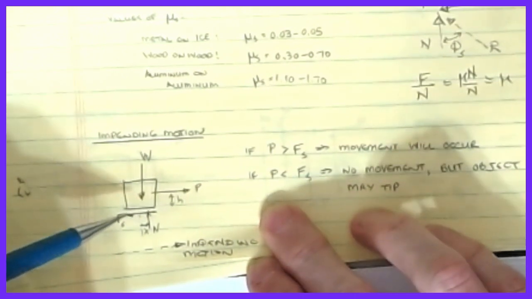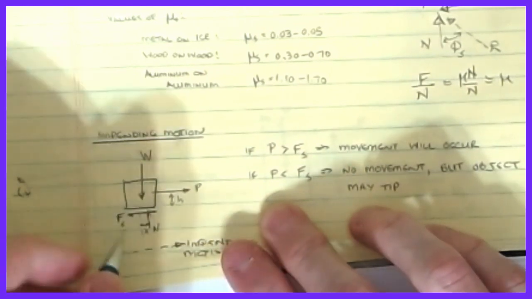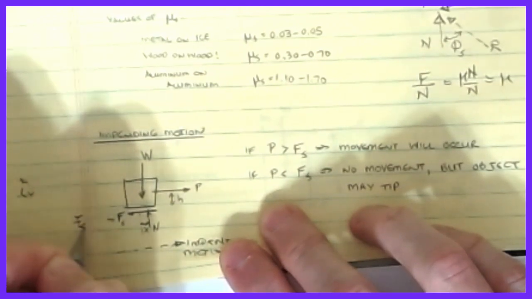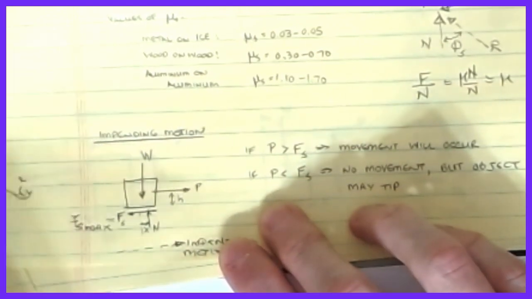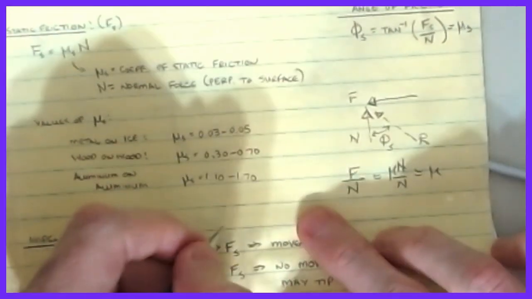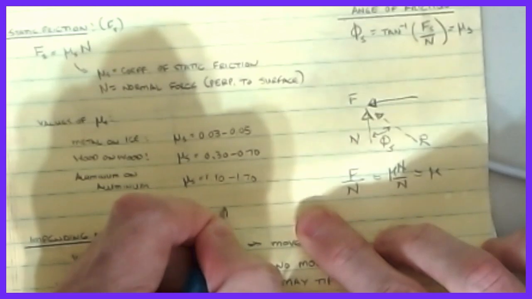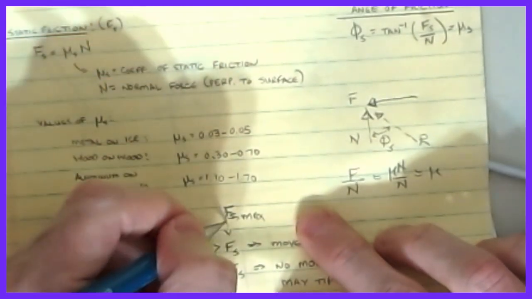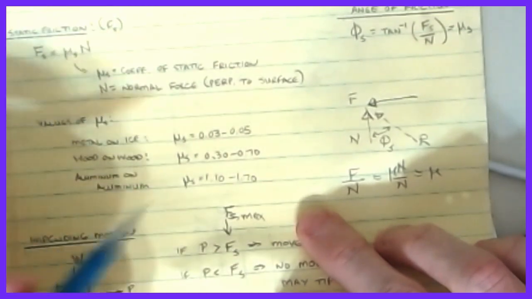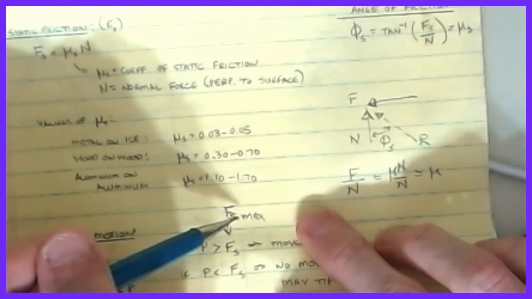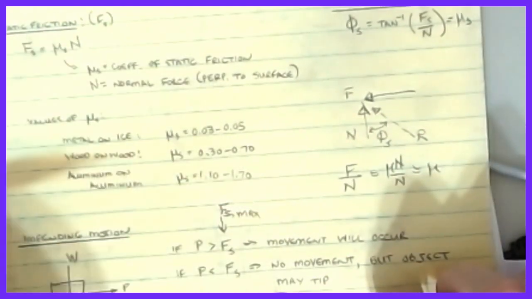Okay, so what we're going to do is define this thing a little bit differently. We know that if, instead of saying Fs, I say that this is some Fs max, and I set this to the limit, replacing that Fs with Fs max, the moment that my force P exceeds what the object is capable of resisting, then movement will occur.